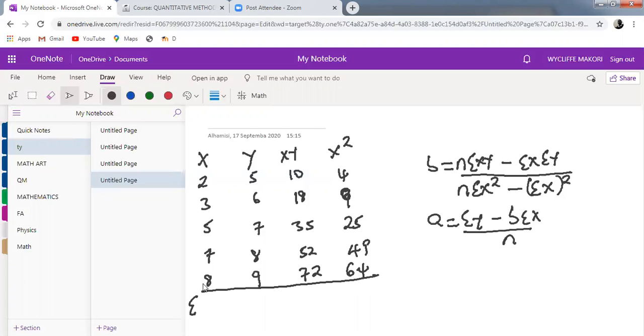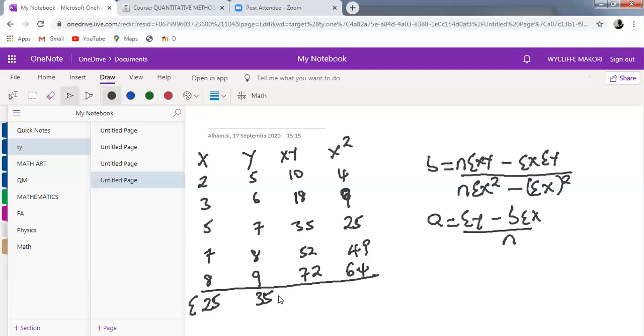So here for the x's, we have 2 plus 3 plus 5 plus 7 plus 8, which comes to 25. So the summation down that particular column is 25. For the other one, you have 5 plus 6 plus 7 plus 8 plus 9, which comes to 35.